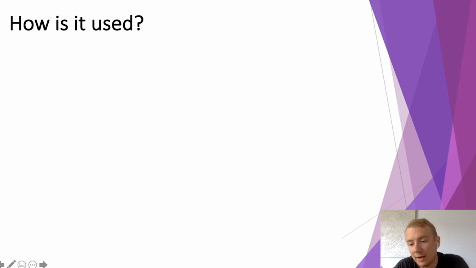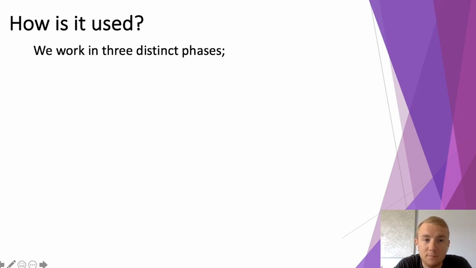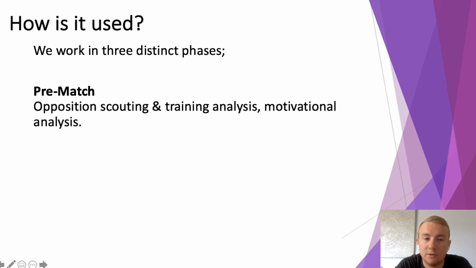So let's talk now a little bit about how PA can be used. And here I'm going to give you some examples from behind the scenes of exactly how we do this at Lightning. We work in 3 distinct phases, and the first of those is our pre-match analysis. Prior to any game that we play at Lightning, we will undertake some pre-match analysis that's designed to help our team, Lightning, to improve or win in the next game.